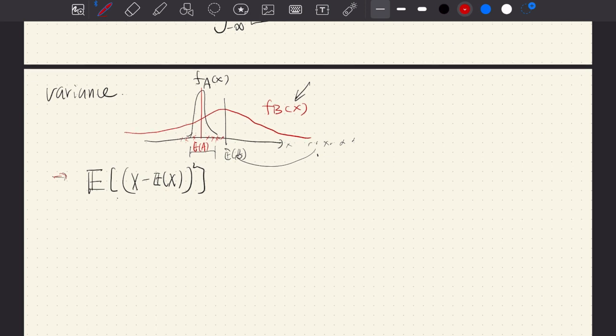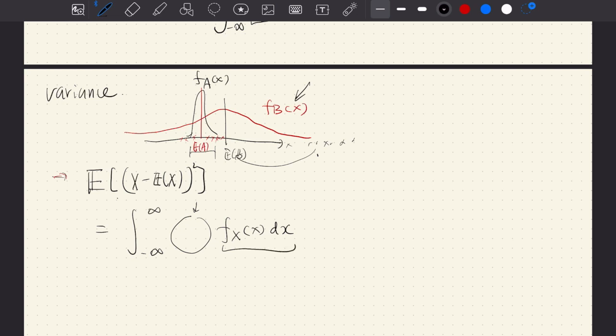Okay, so to evaluate this expectation, you can follow the definition, because the expectation can be written as the integral from negative infinity to positive infinity of the value times the probability.